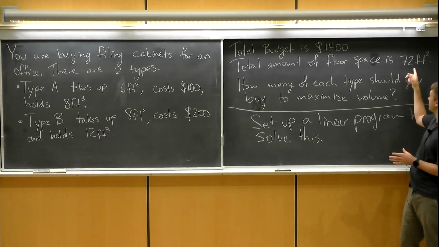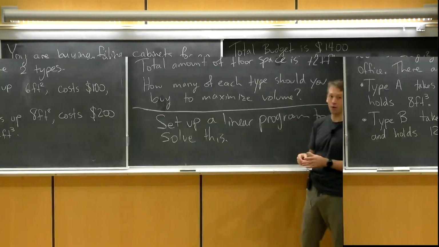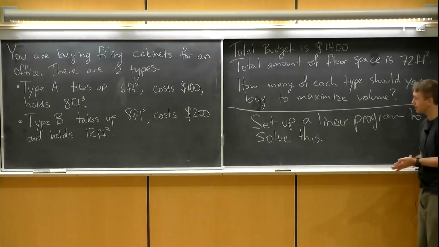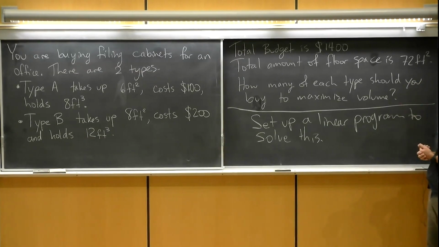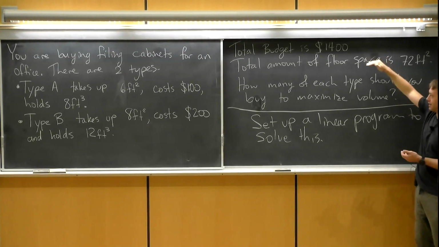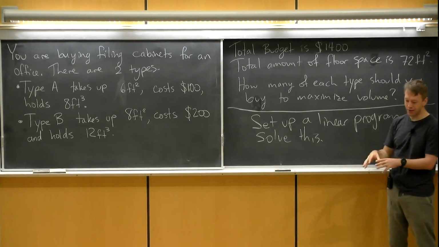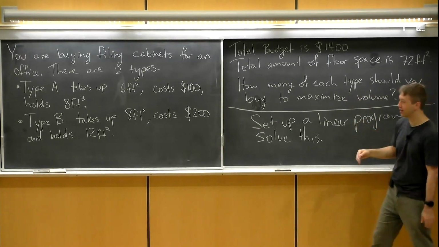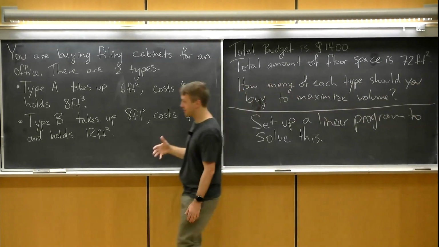There's only 72 square feet that you can use for the cabinets. So the question is, how many cabinets of each type should you buy? If you have a limited amount of money and space, subject to that you want as much volume as possible so you can store the most stuff. So how do I maximize the volume?